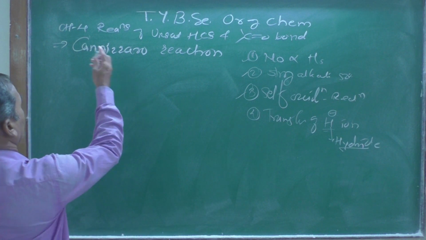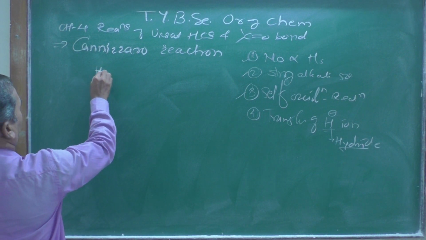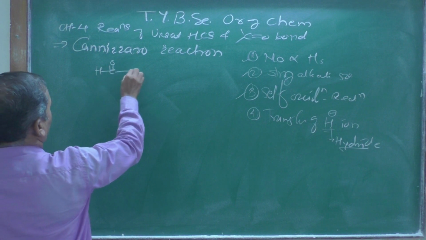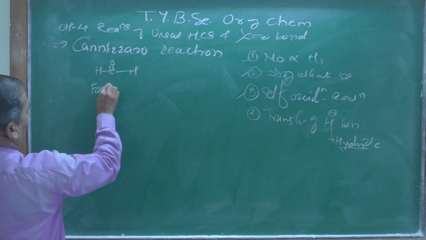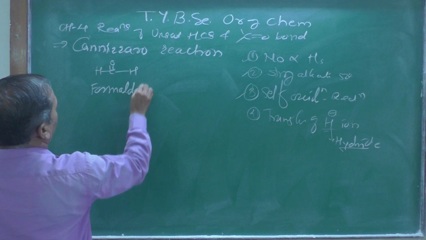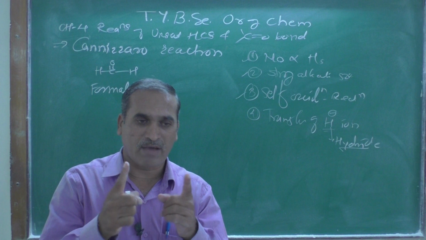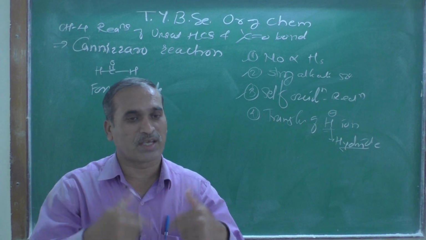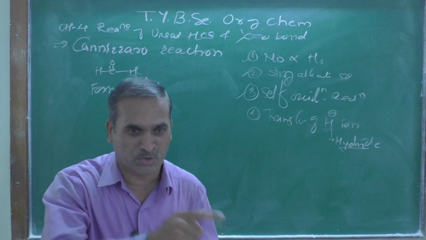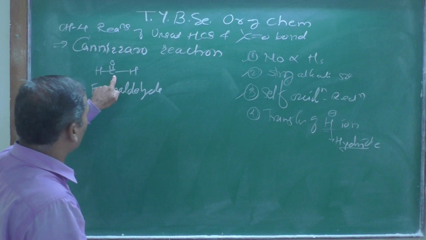Let us see here. Suppose we have formaldehyde, with a C double bond O and H. The name of this compound is formaldehyde. Does this formaldehyde have an alpha hydrogen atom, or is there no alpha hydrogen atom? What do you think? This is the carbonyl group.